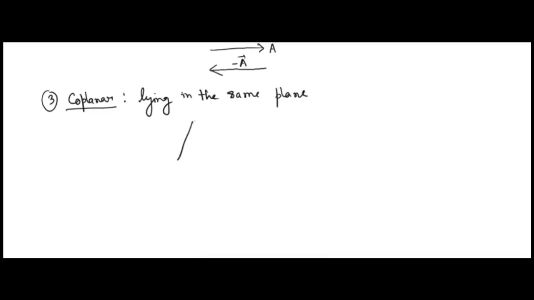If you consider a plane and there are some vectors, a vector, b vector, c vector lying in the same plane, so a, b, c are coplanar vectors.